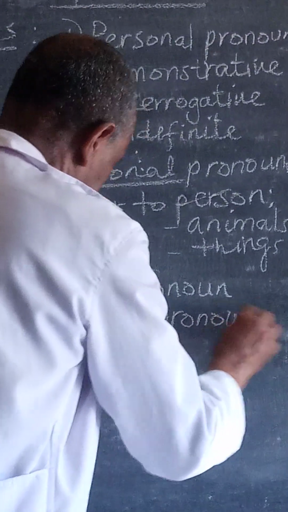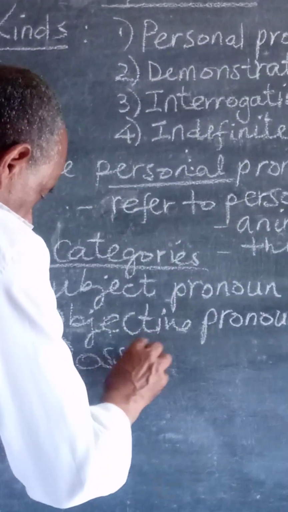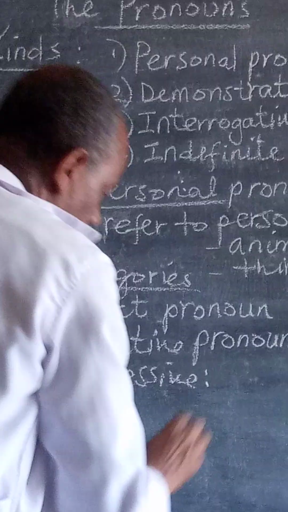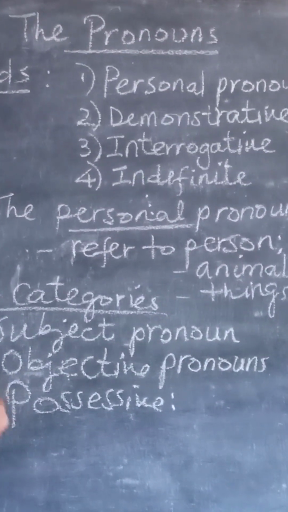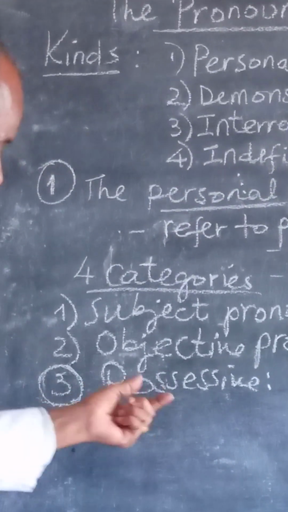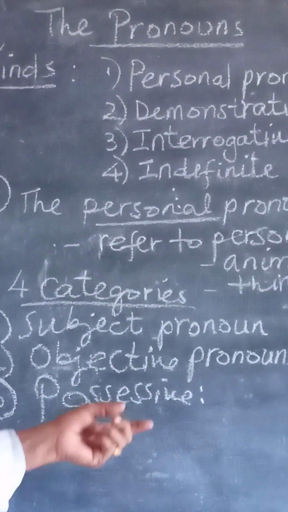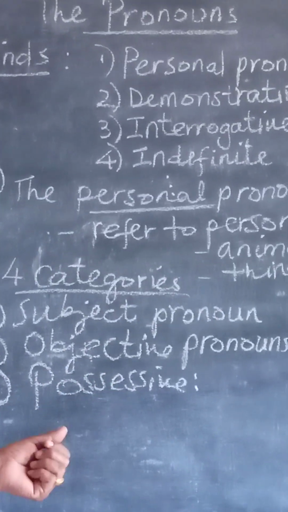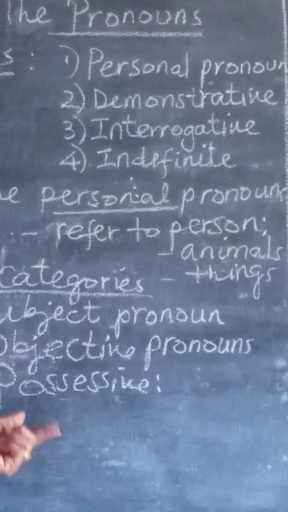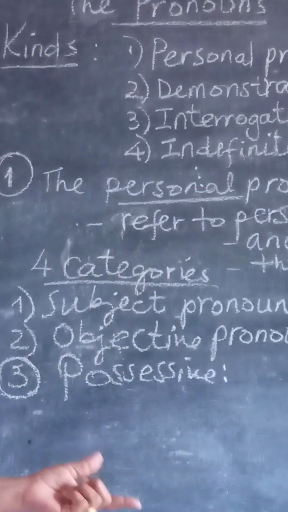The third one is possessive. We have something secret on this, and we'll discuss what it is. There is a difference in explaining this possessive. Many grammar books and many teachers say possessive pronouns, but they are not only possessive pronouns.